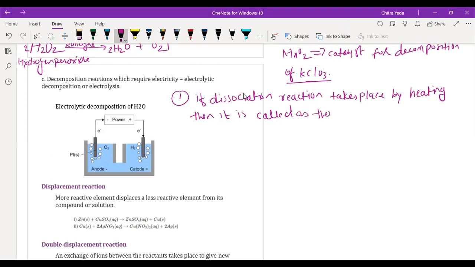Therm means heat. Thermal decomposition reaction.